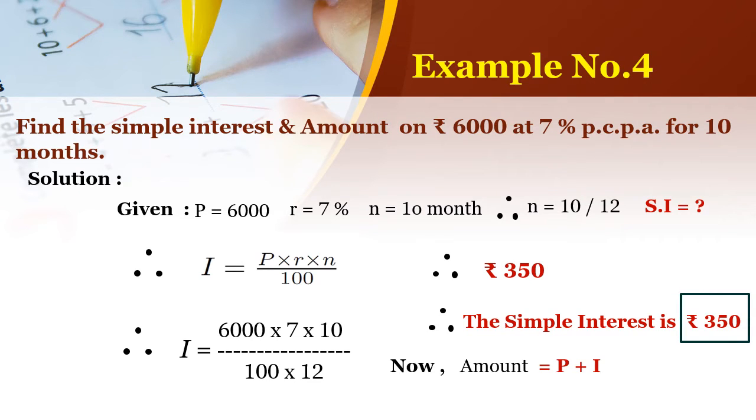Amount is equal to P plus I, principal plus interest. The principal amount given is 6000, and the simple interest we calculated is 350. So the amount is equal to 6000 plus 350, which is rupees 6350. This is the amount.